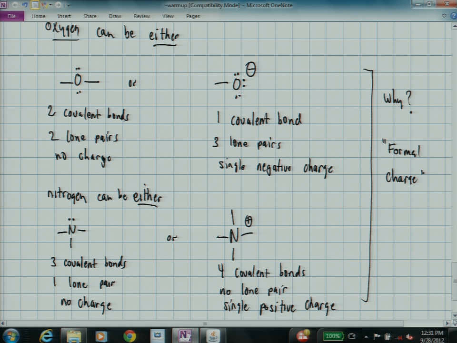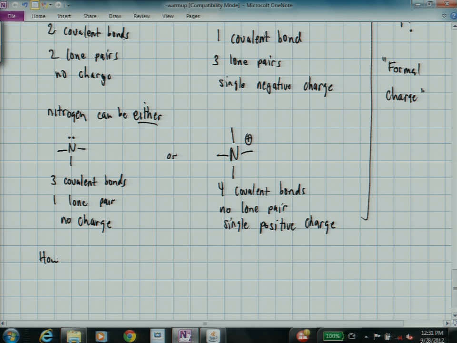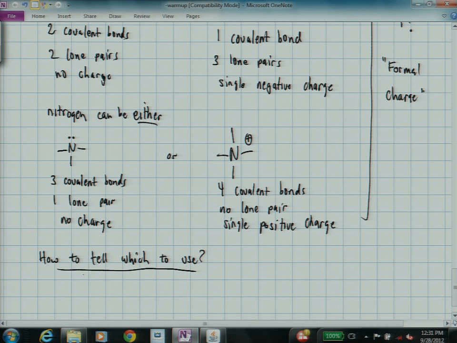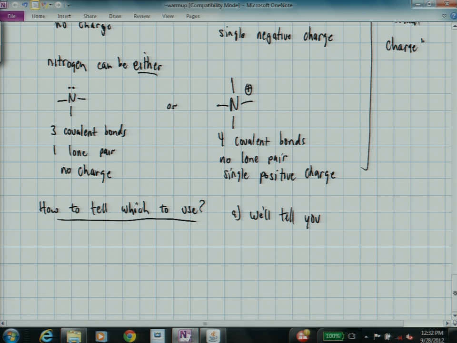So the more important issue is how do you use them? How to tell which to use. That's the big one, right? There are 2 things. A, I will tell you, that is, I'll give you a molecule that has a charge, and then you can draw the structure of it.